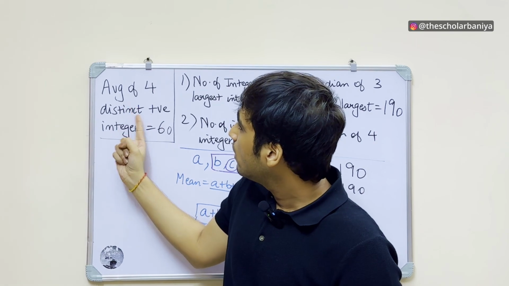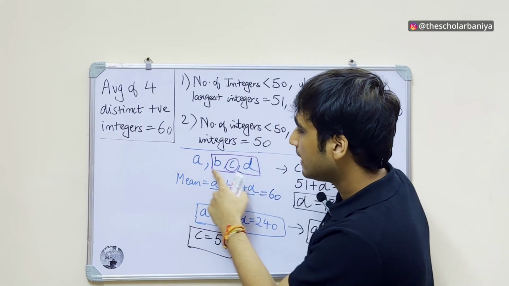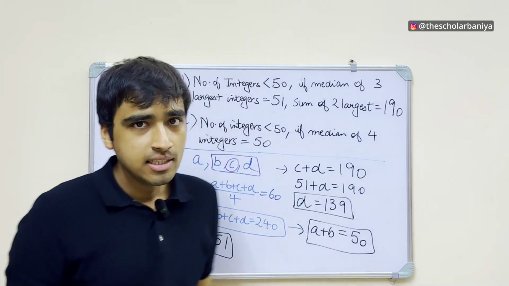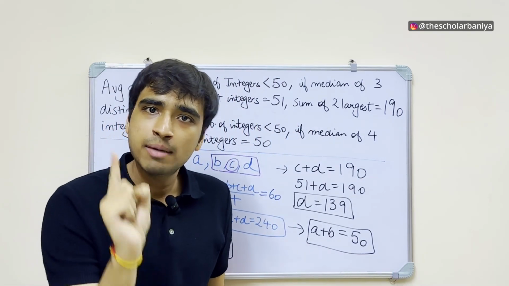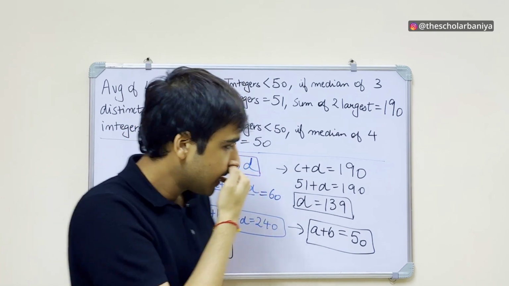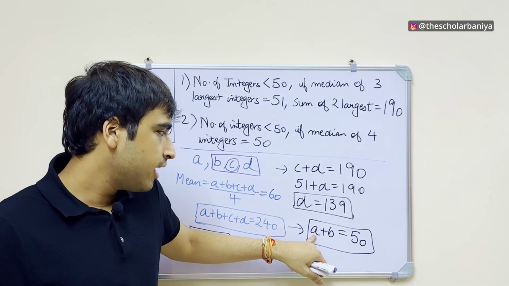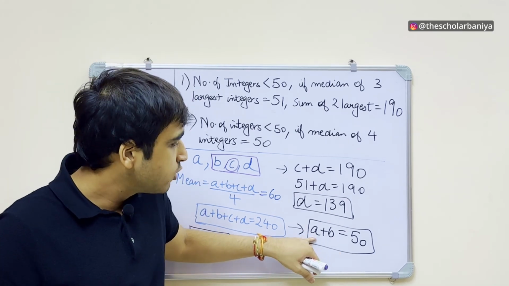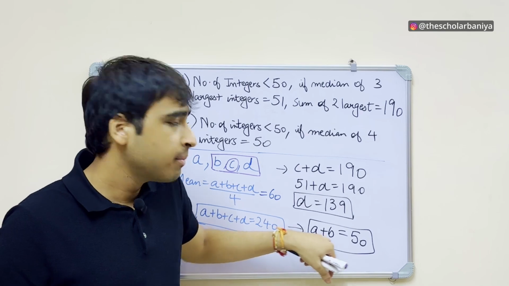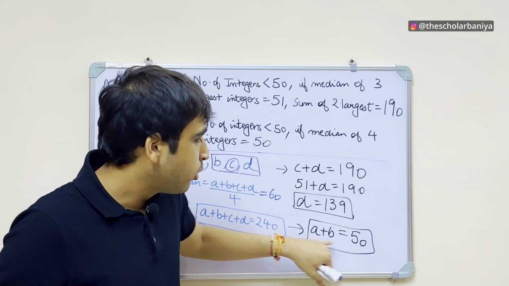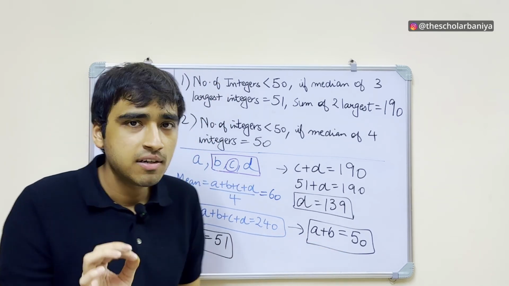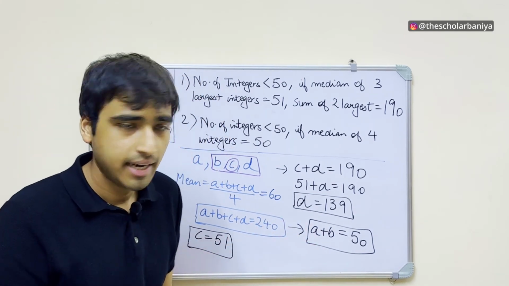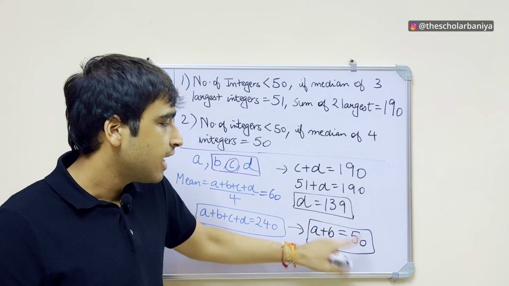All these four numbers a, b, c, d are distinct positive integers. That means the minimum value of any of them can be 1. For example, if a is 1, then b will be 49. If a is 2, b will be 48. If both are equal, both will be 25. But the point is that no matter what, both of them will be less than 50, because we are adding two positive numbers and the sum is 50.